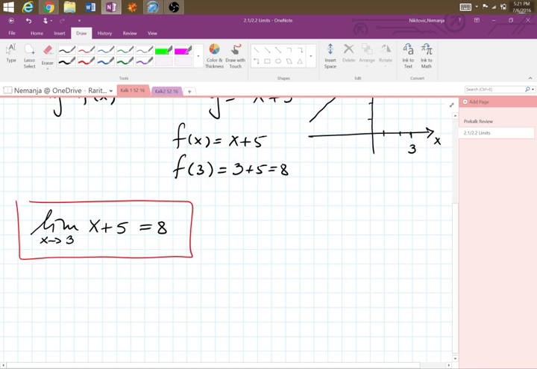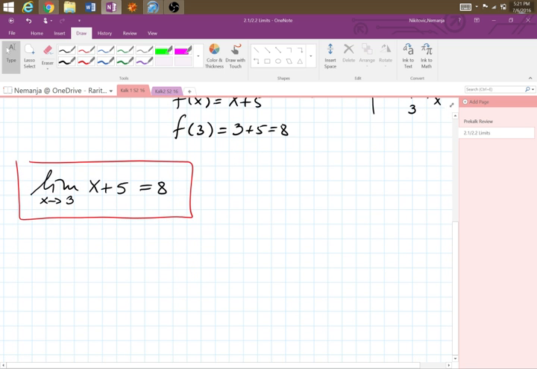So let's take a look at some situations. Let's say that you have a function that looks like this: y equals 1 over x. You know this function, right? What is this function? It's a rational function that has the vertical asymptote at 0.